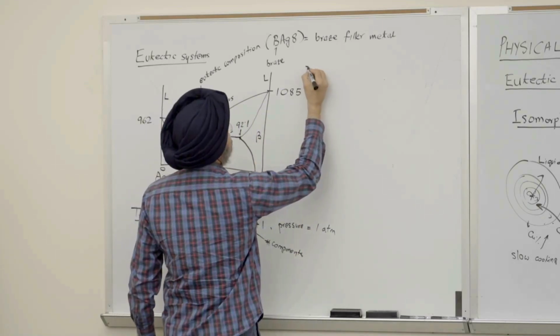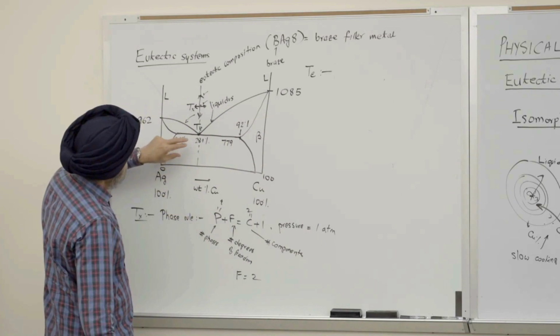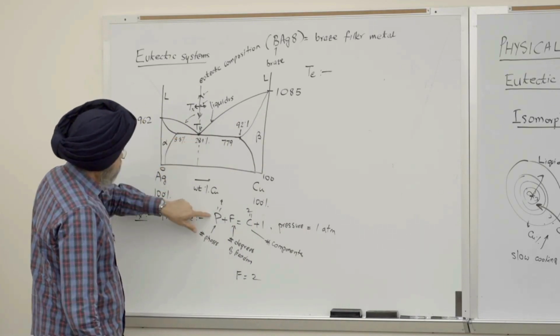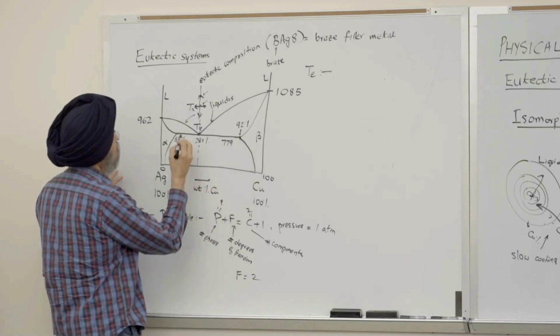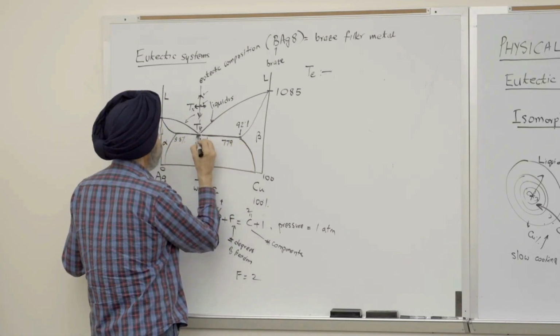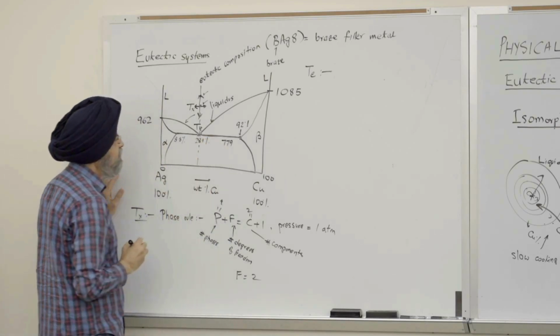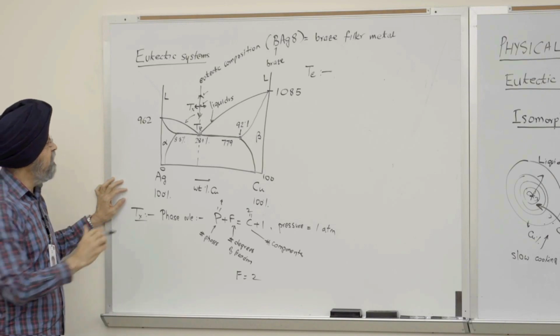So at TE, what do we get? The number of phases P, I have 1, 2, 3. So on this point and on this line, I have 3 phases that are in equilibrium.